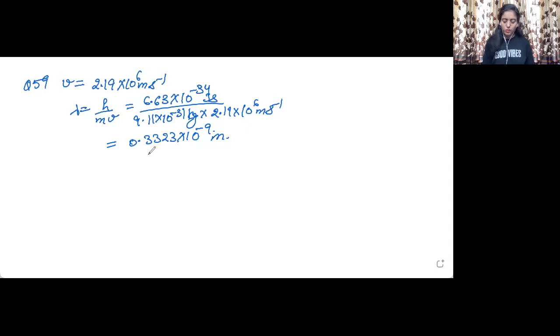Convert it into scientific notation and nanometer. Do this as homework, you need to practice. I have shown you many times how to make these kinds of conversions.